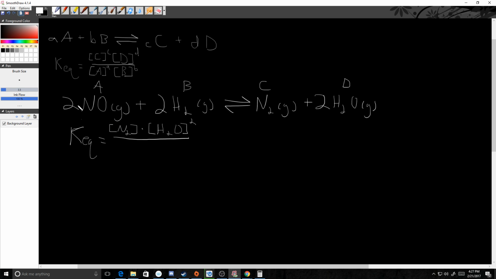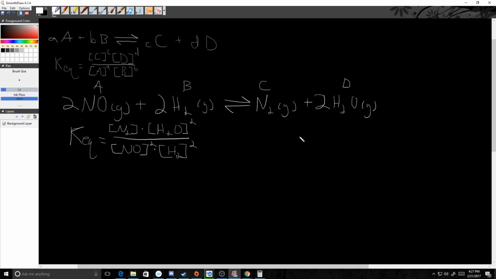And that's over the concentration of NO, also raised to the 2nd power, times the concentration of H2 raised to the 2nd power as well. If we had some numbers to plug in here, this would tell us exactly what math we'd have to do.